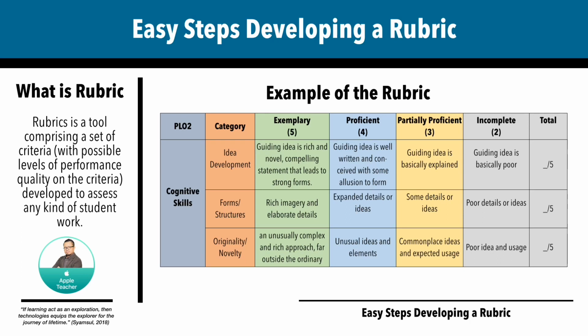Here is an example of the full rubric of my course with the learning domain cognitive skills and 3 sub-skills that I'm looking at. The question is how to ensure fairness. Including students in developing an assessment rubric will help students to understand better the assessment criteria.